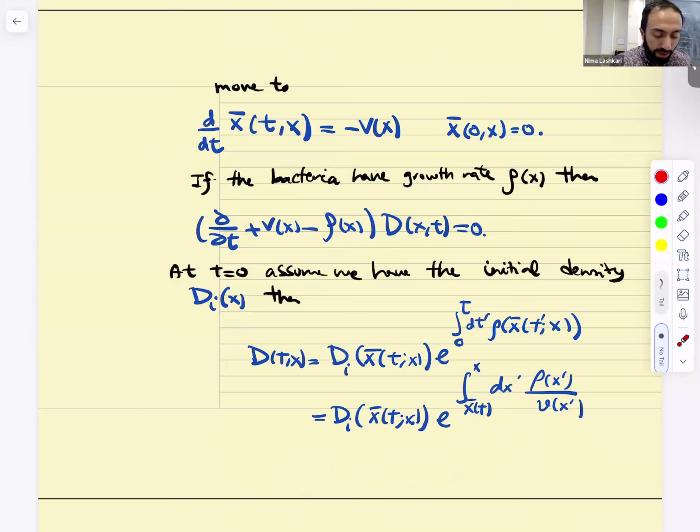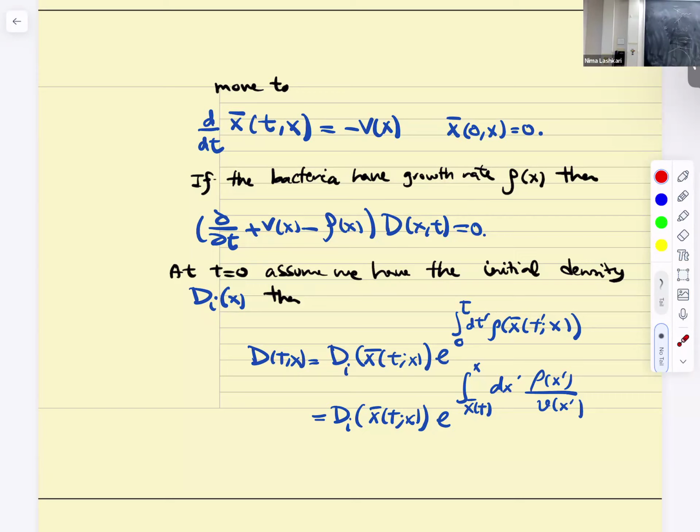No, minus. We want to allow for this rho of x function, which tells you about the growth rate of the colony. If you just want to know what happens to a colony after some time t, this colony is displaced to some new position, and meanwhile it has been splitting.